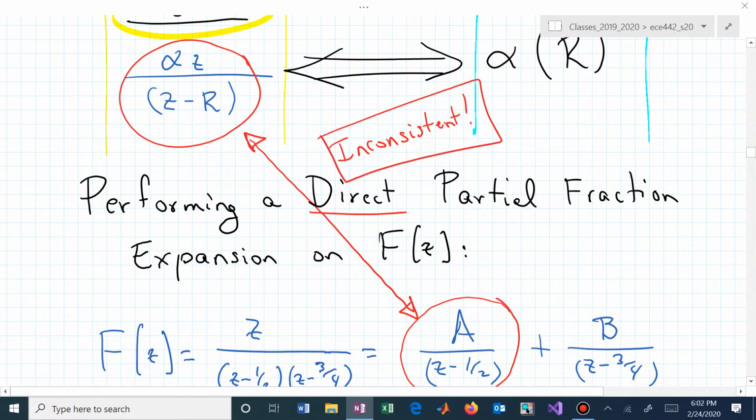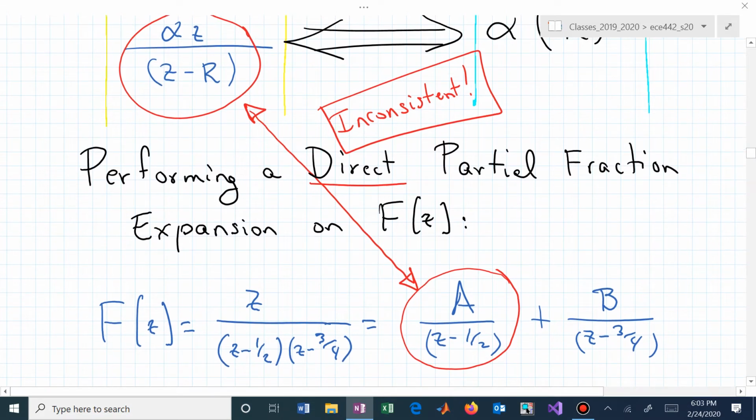So we can't just go whistling off and saying, oh, let's just do a straightforward or direct Z-transform. We won't have the right pair in our Z-transform table that we're looking for. We won't be able to immediately write down the time domain expression after we found the A and the B, if we do this for our partial fraction expansion, a strategy for finding little f of n from capital F of z.